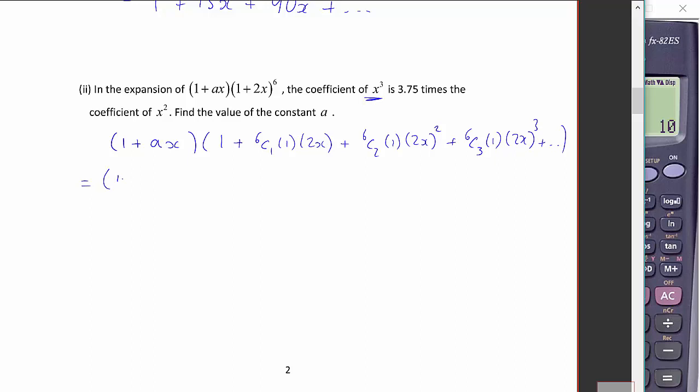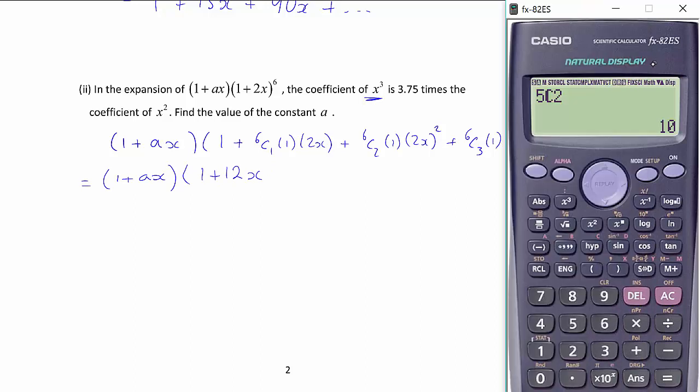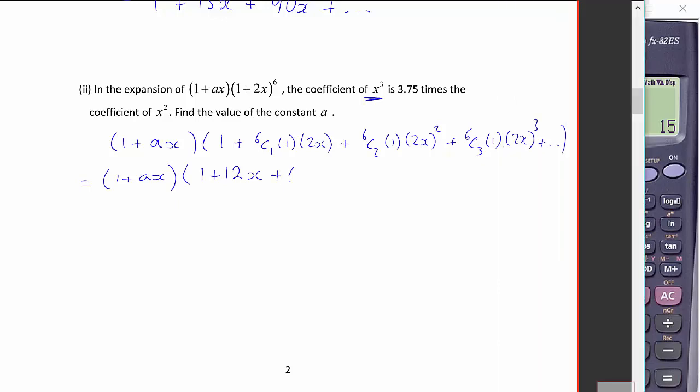So that's 1 plus ax, and then that's going to be 1 plus 12x, and then we need 6c2, so 6c2, what's that give me? 15 times 4, so that will be 60 x squared, and we need the x cubed term as well.